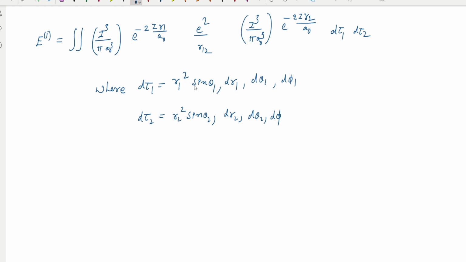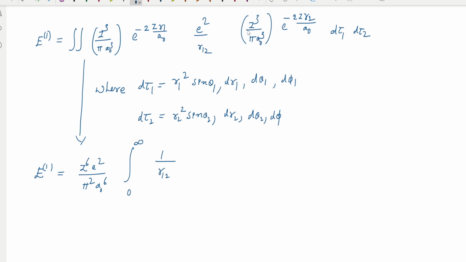Then I'm going to simplify this very complicated expression. E1 is equal to Z power 6 e squared divided by pi squared a naught, integral from 0 to infinity, because r is there, 1 divided by r12.